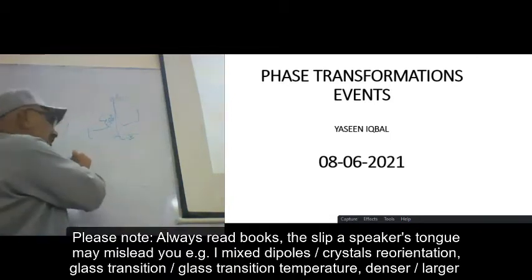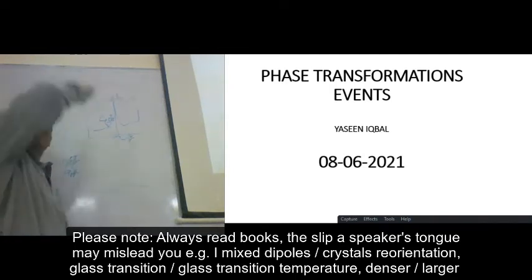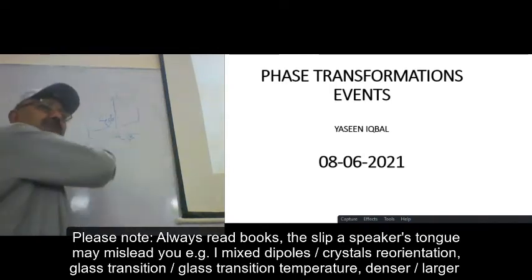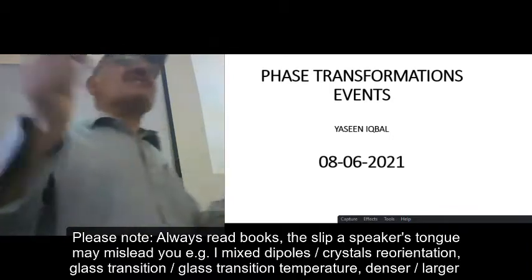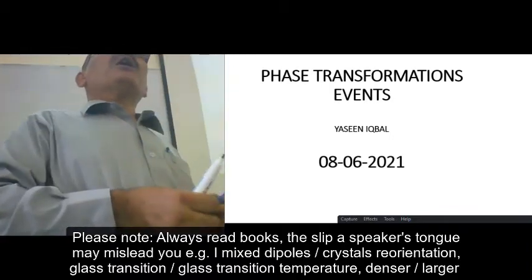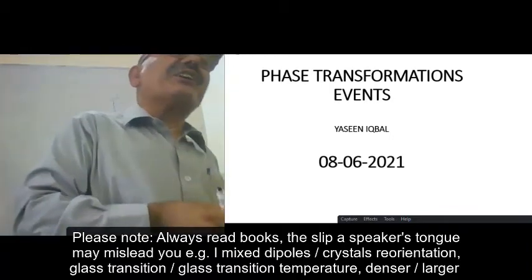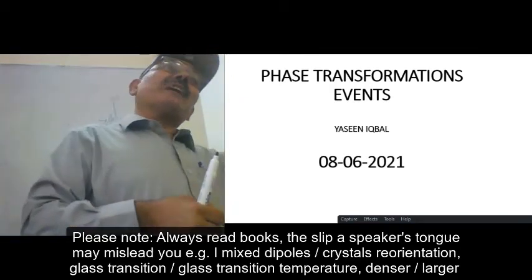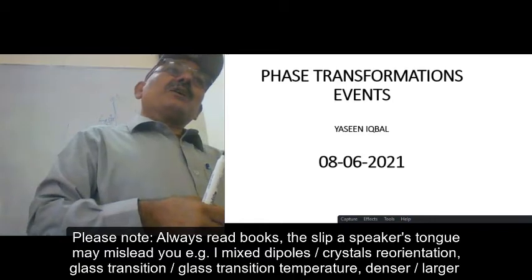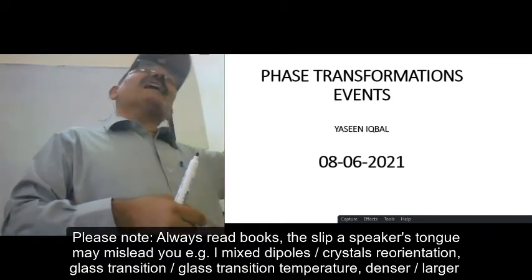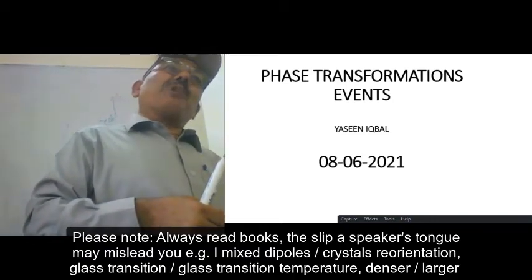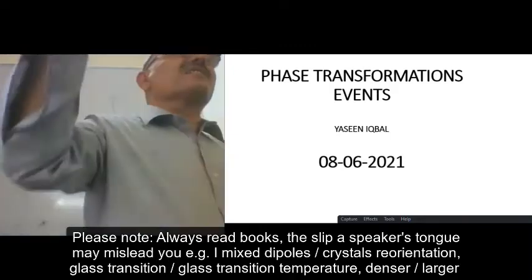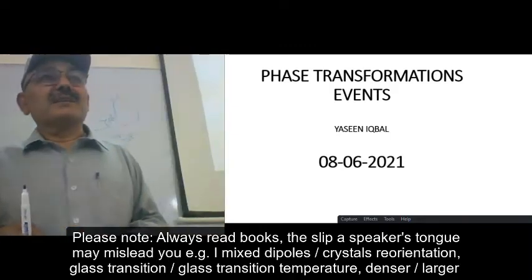So what I need to do, I abruptly cool the material from 1000 so that it doesn't find time to reorient, to transfer mass within the material to form the undesired phase. So what I do, I suppress the crystallization of one phase and I enhance the crystallization of the other.